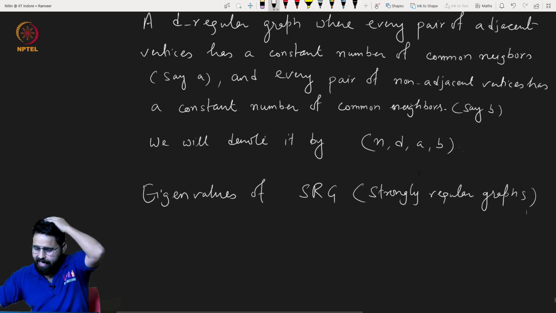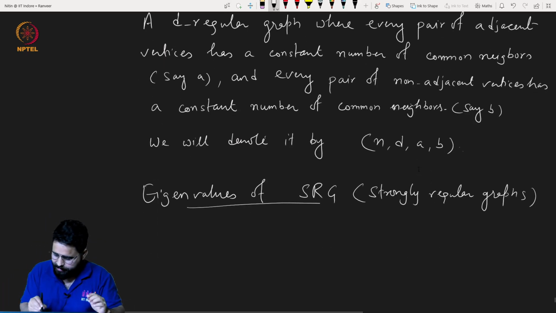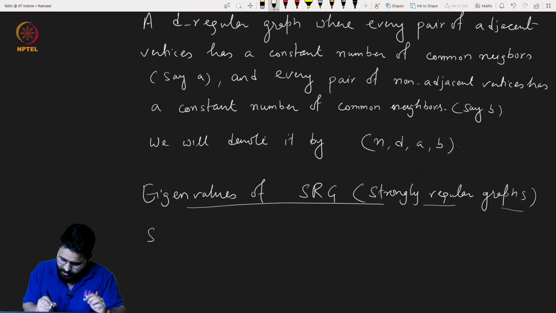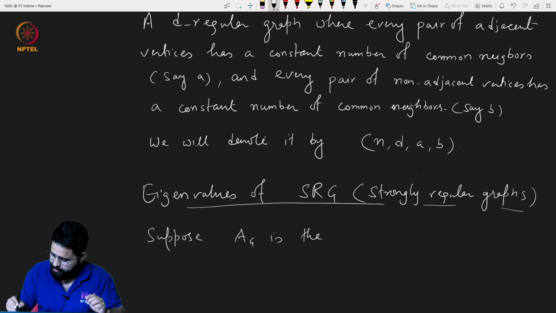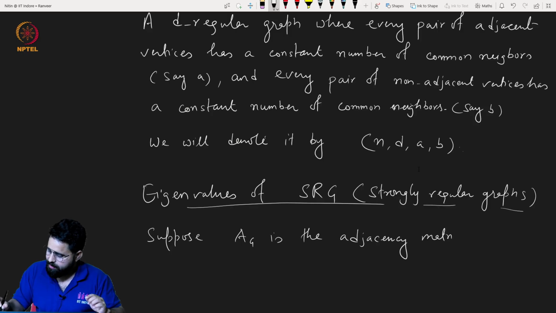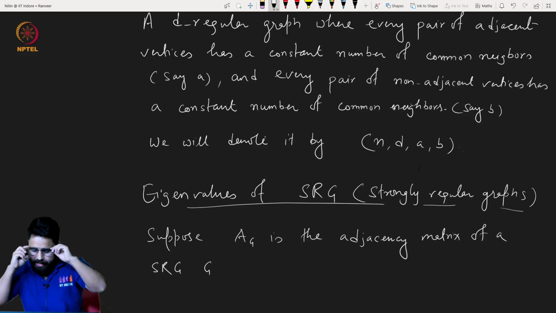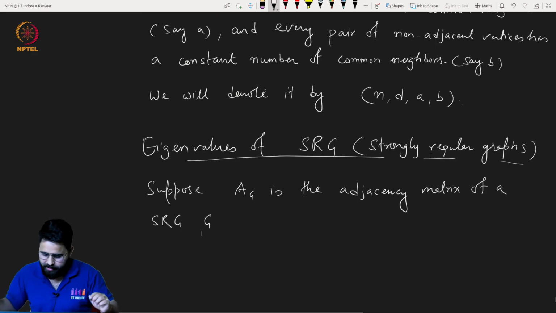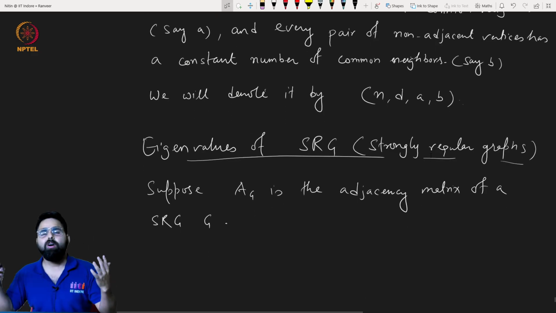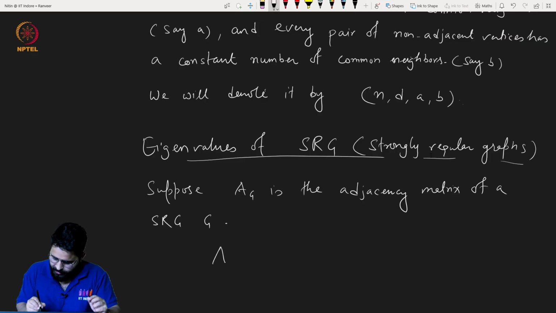Suppose A_G is the adjacency matrix of a strongly regular graph G. Now let us observe A_G squared.